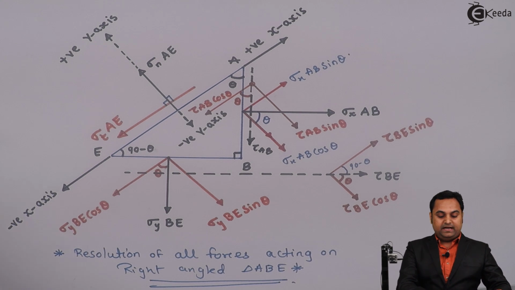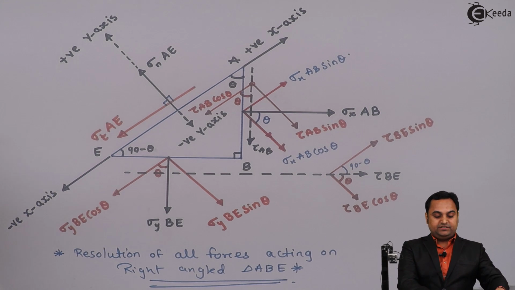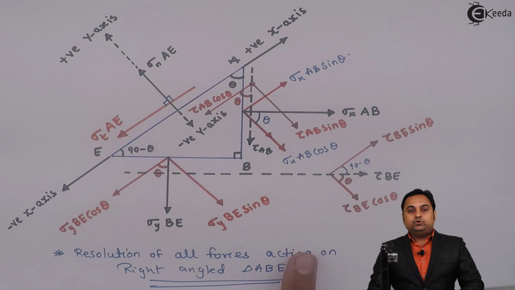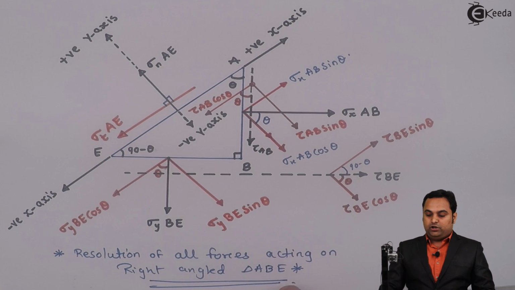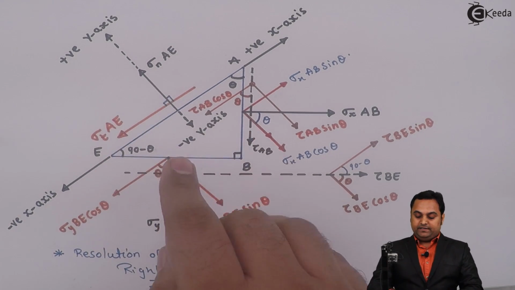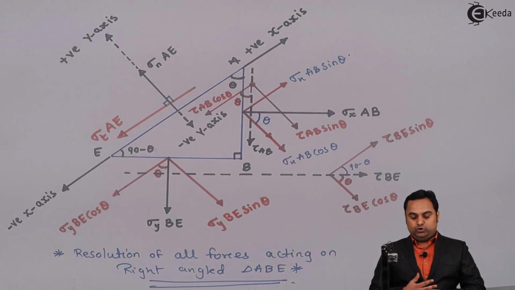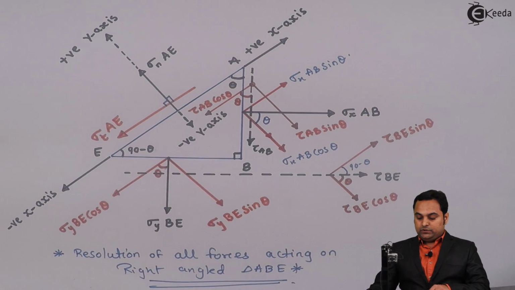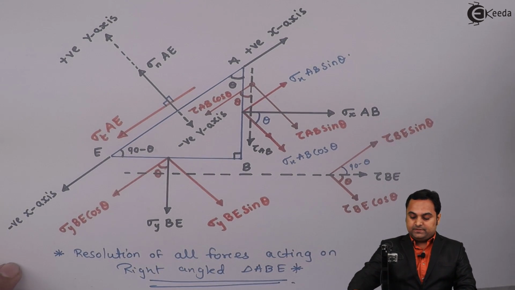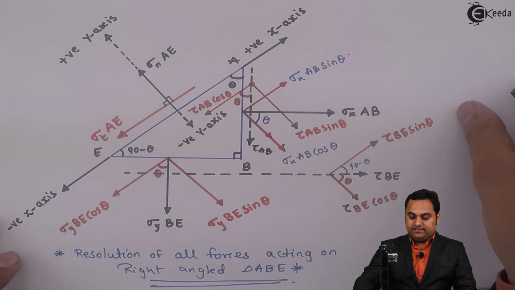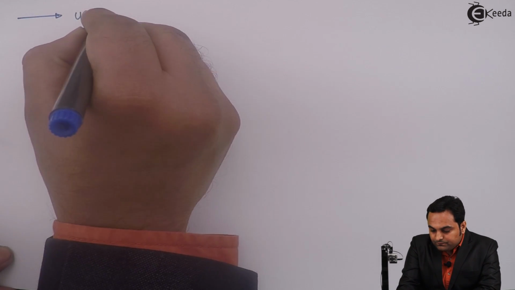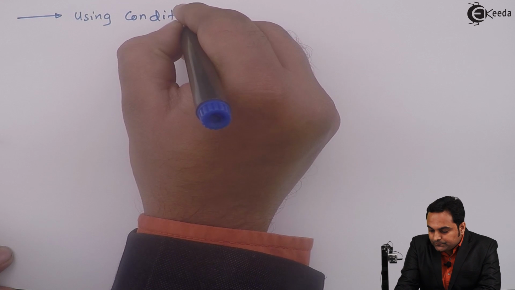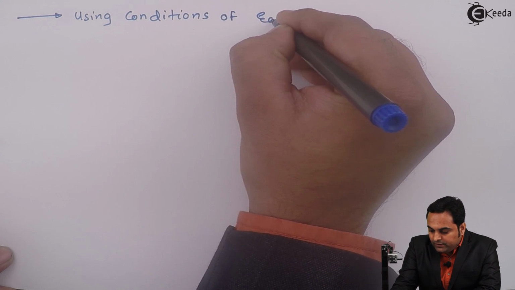Now when I am using the diagram, I'll use the conditions of equilibrium, and first I'll go for the formula of sigma n. Now sigma n is perpendicular to the plane, so it would be treated as y-axis. So I am going to resolve the forces. Now I'll say that after resolving this, using conditions of equilibrium.